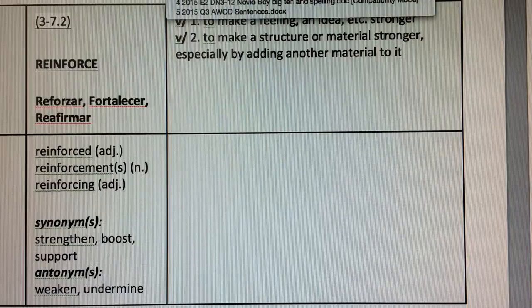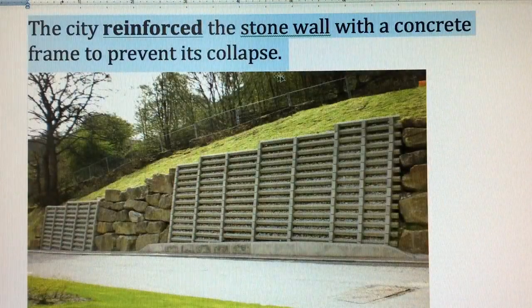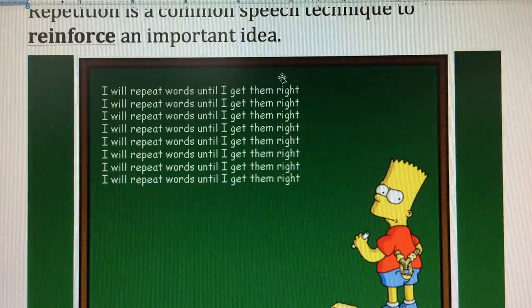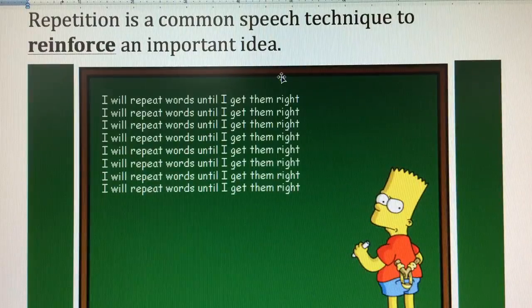Let's take a look at the sentence for today. Here we have a picture of Bart Simpson from the TV show The Simpsons. And Bart Simpson plays a naughty young boy. He's always getting in trouble.